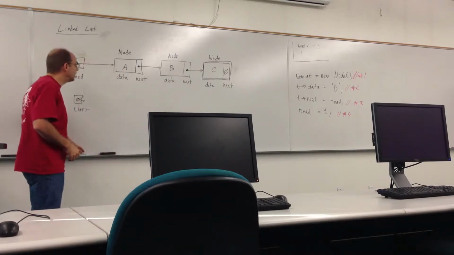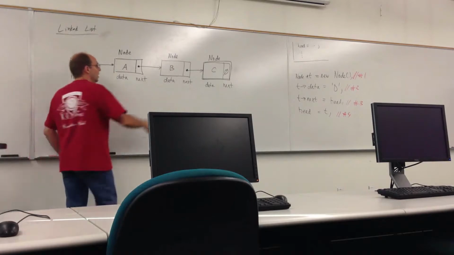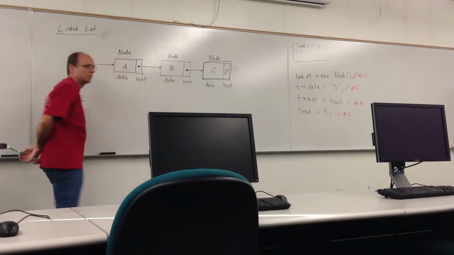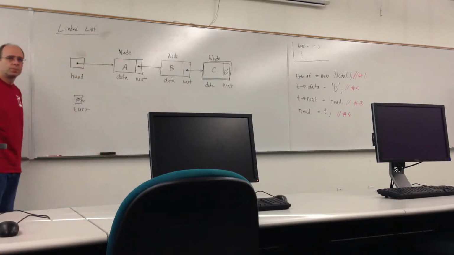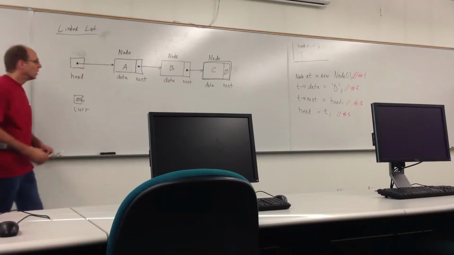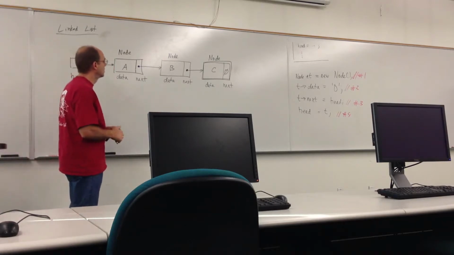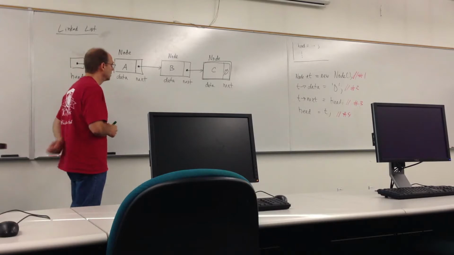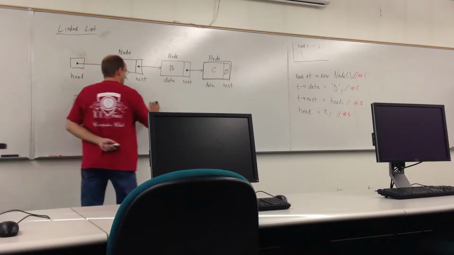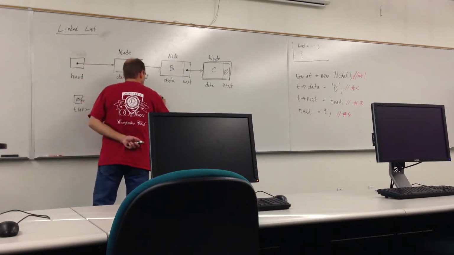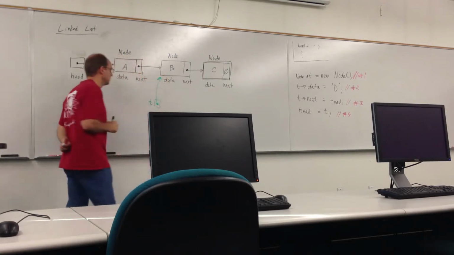Okay, if I wanted to get rid of this node here, well, you'd have to make a temporary variable that holds the address of it. So let's make a temporary variable t that holds the address of the thing we want to get rid of.